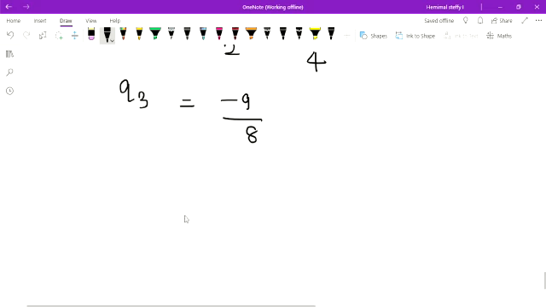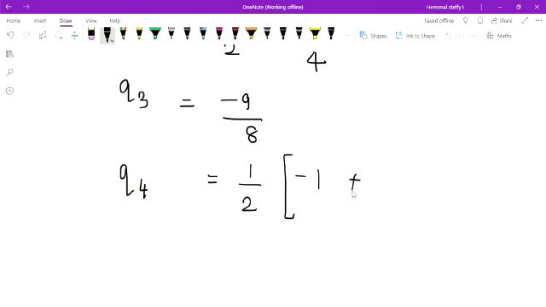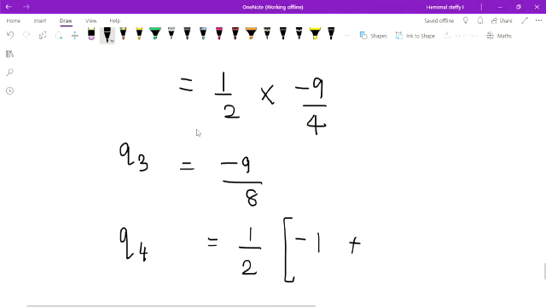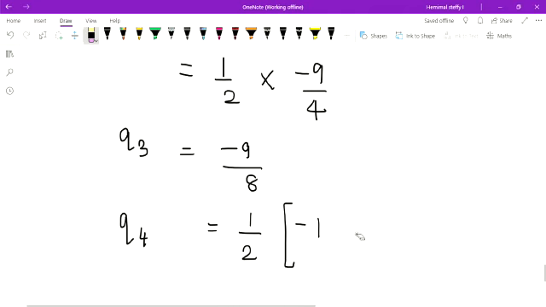Then Q4, the same thing. Q4 is equal to 1 by 2, with a equal to -1 and b equal to -9 by 8.